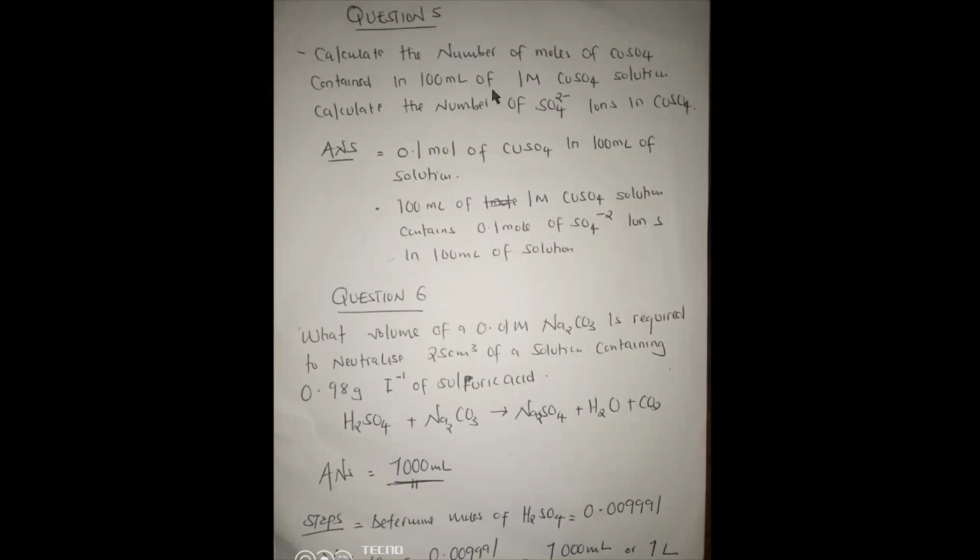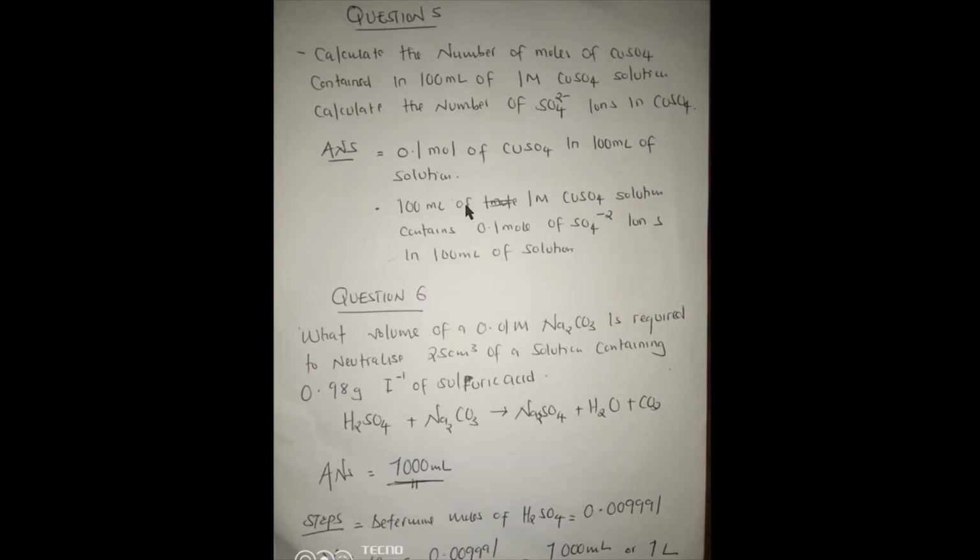So if there is 1 mole in 1,000 mils, it means that in 100 mils there's going to be 0.1 moles of copper sulfate. Just do the math. If there is 1 mole in 1,000 mils, how many moles are going to be in 100 mils? When you do the math, you find that 0.1 mole of copper sulfate will be in 100 ml of solution.